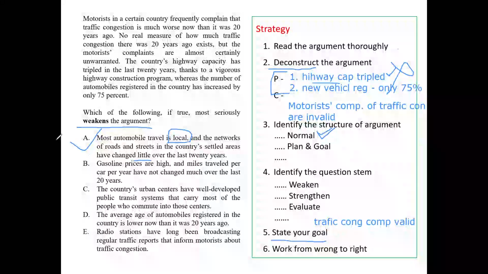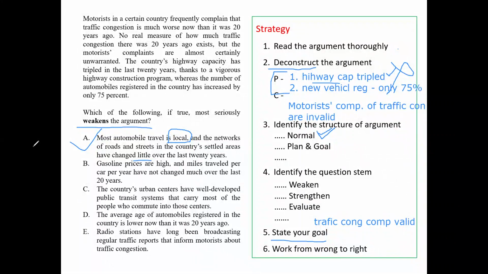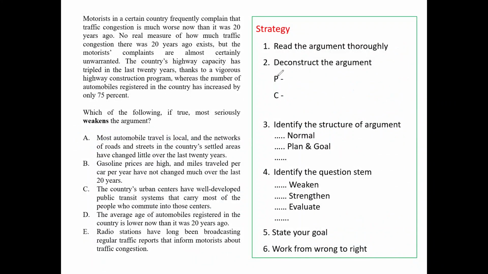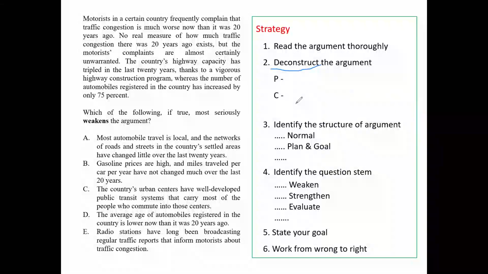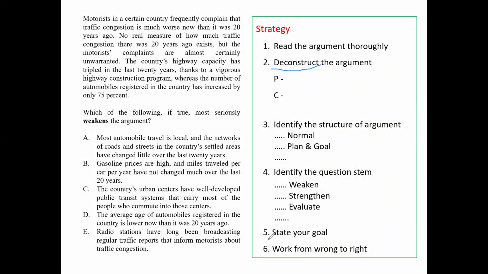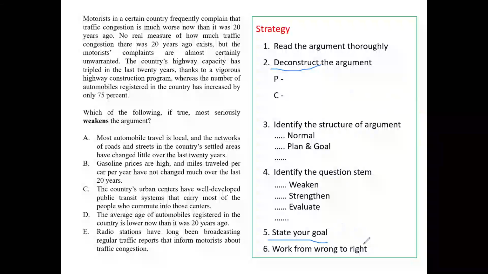This is a strategy you have to follow to solve any kind of CR question. In the initial days of your practice, I strongly recommend you develop a deconstruction skill. Identify the premise and conclusion, write them in the simplest forms, and after that, state your goal, meaning what I have to prove here. Then work from wrong to right.